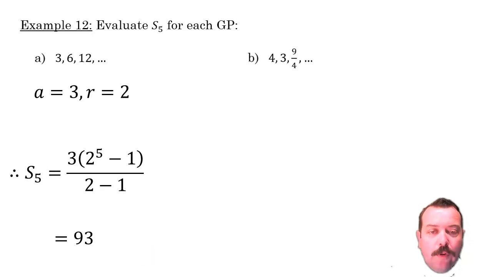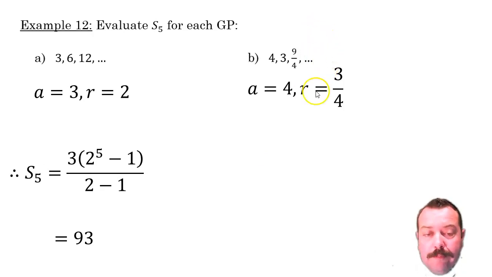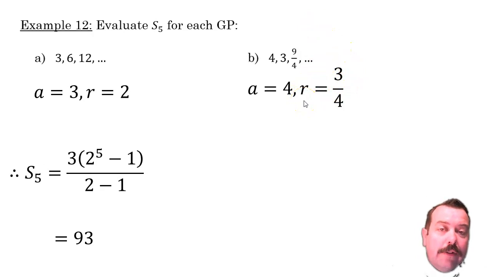Here's another example, 4, 3, 9 over 4, and so on. We know it's a GP. First term is a equals 4. Now the common ratio will be 3 over 4, or if you like, 9 over 4 over 3. But that's 3/4. We could use 0.75. If you can use a calculator, that might be easier, but we can get away with fractions. So a equals 4 and r equals 3/4. I'm going to use the different formula this time, the alternative, because r is a small number.